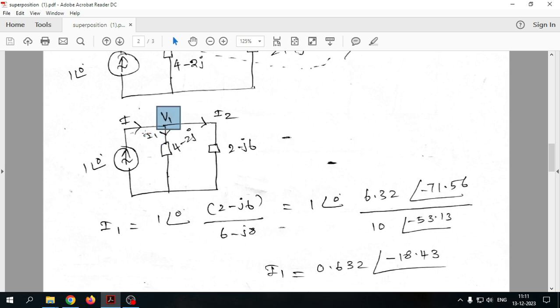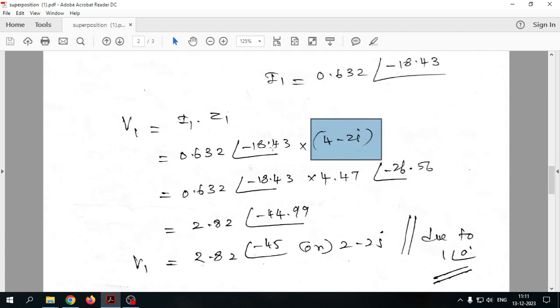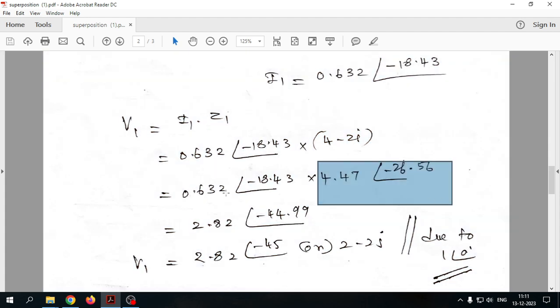So we know what is I, and we want to find out what is V. V is nothing but the multiplication of I into the corresponding impedance value 4 minus 2J. So we have converted this 4 minus 2J into polar form, and whenever the values are in multiplication, you add the two angles.